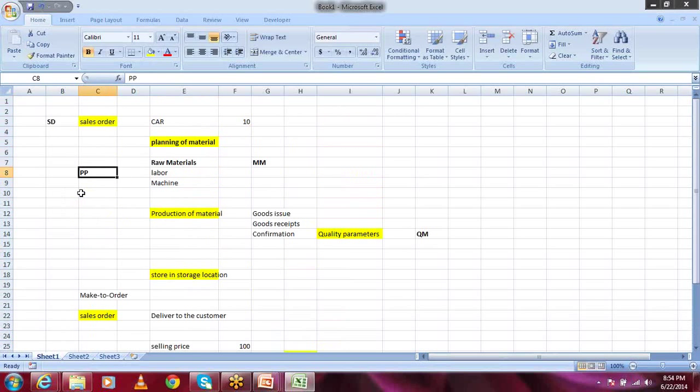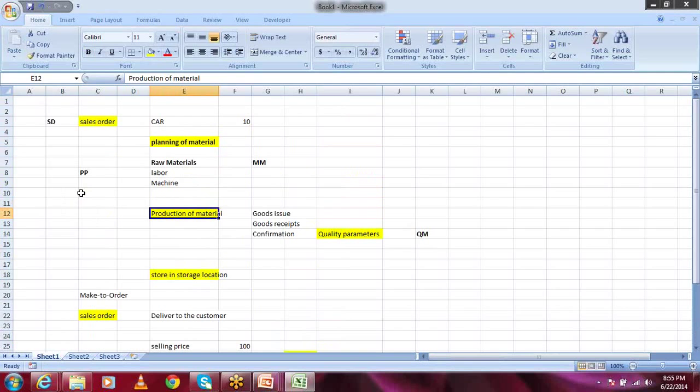And in PP, there is capacity planning. During production, you have a machine. That machine's capacity is 100 units only per day. So if you plan 120 units on that machine, you cannot produce. So you need to see what the capacities are, and based on that capacity only, you add the product on that machine.